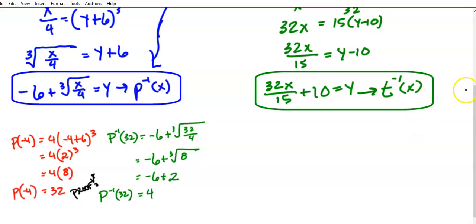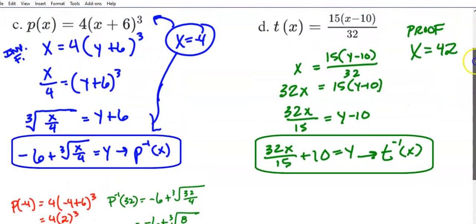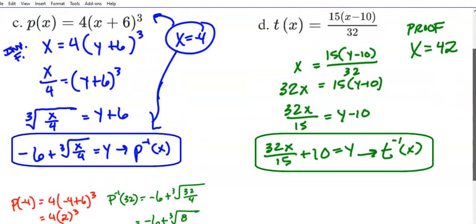So if x is 42, we're going to take t of 42. So that's going to be 15 times 42 minus 10, divided by 32.